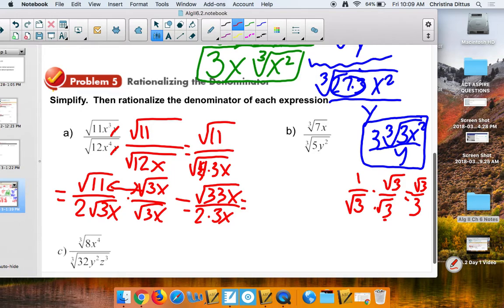So we're going to have on top square root of 33x. On bottom, I can combine 2 times 3. And finally, we have reached the end of our adventure. Yuck. If you think about it, the only bad part was the rationalizing. It was all bad. It was all horrible.